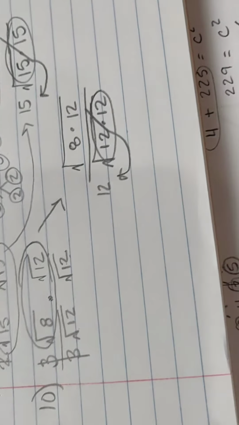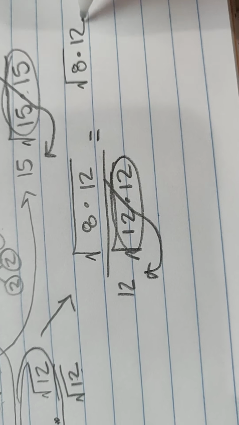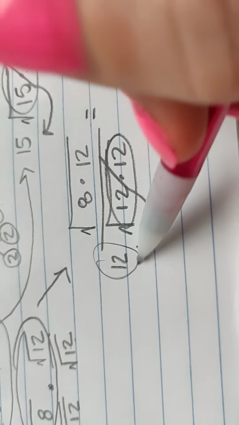So now I know that I have the square root of 8 times 12. So just so I remember, I have a 12 left on the bottom here. And because 8 times 12 gives me a big number, I'm going to leave these numbers the way they are. So I'm just going to break them down a little bit further. 2 is done. 4 breaks up into 2 times 2.